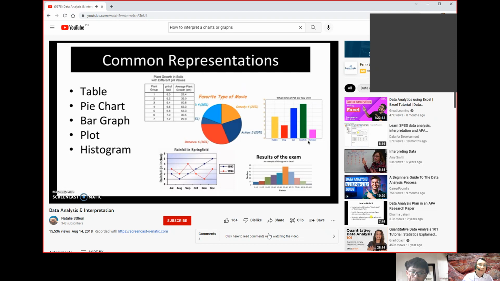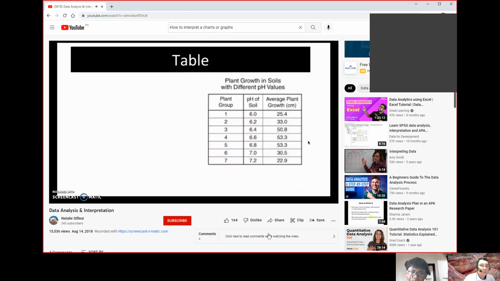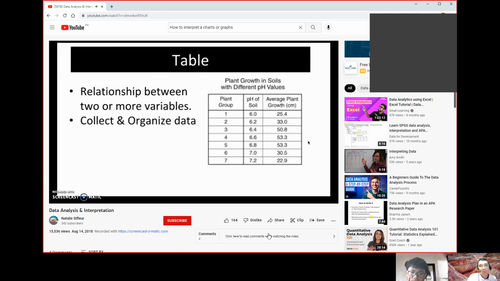In this video, we'll look at 5 common representations that are shown here. And we'll start with the table. A data table shows the relationship between 2 or more variables. And it's useful for collecting and organizing data. Most investigations will utilize a data table to collect and organize the data.